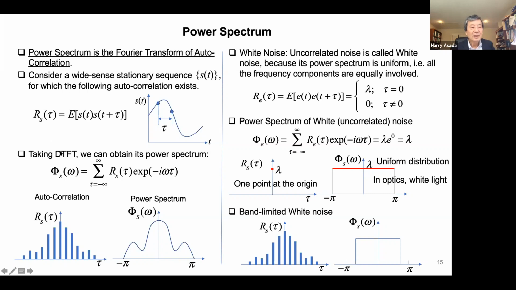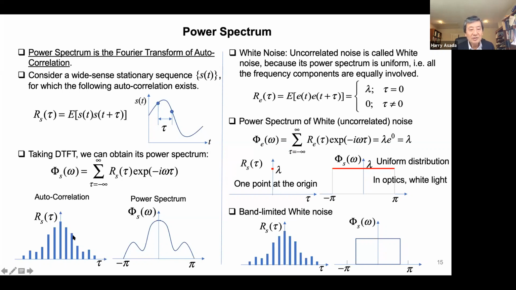Just taking the discrete time Fourier transform, we multiply this by exponential minus i omega tau, and then take the summation from tau equal minus infinity to infinity. We get the discrete time Fourier transform of autocorrelation. That's the power spectrum. So originally we had this autocorrelation and it converted to power spectrum.